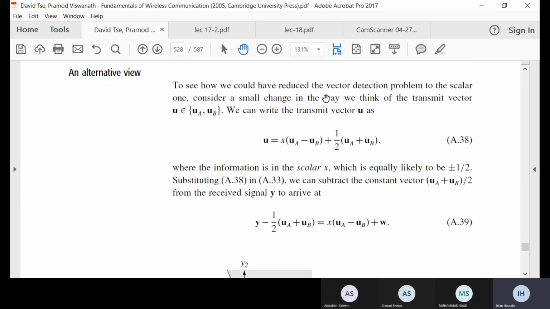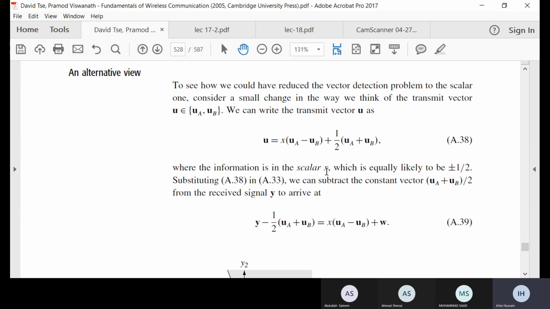An alternative view could be that I could write my signal as follows. Here you could see that if x is equal to plus half, then this will become plus UA, but this will be minus half b, this will be plus half b, this will cancel. So u will be equal to UA if x is equal to plus half.